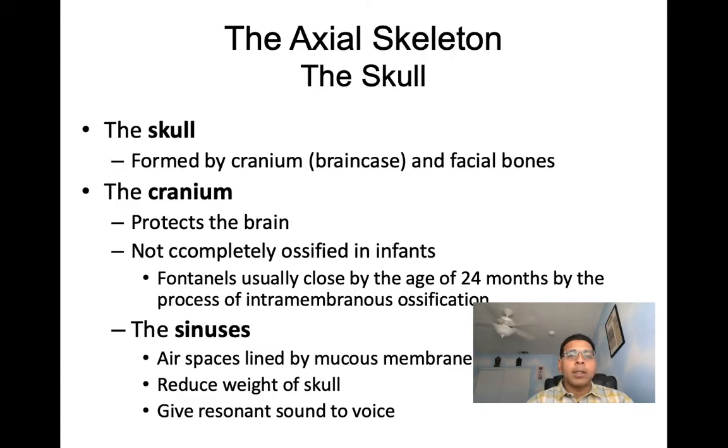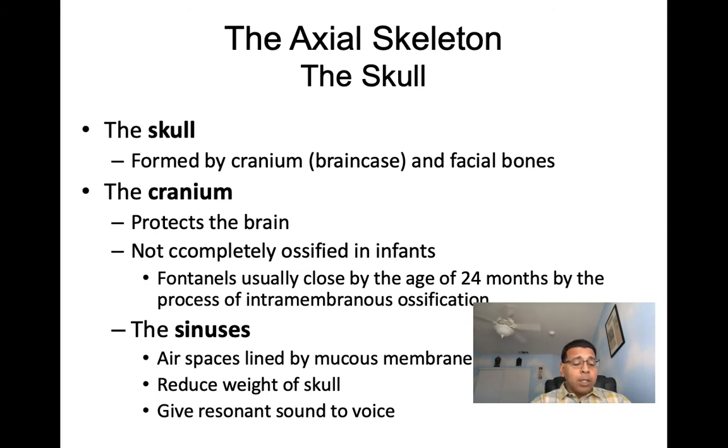All right, let's talk about the skull then in greater detail. The skull is going to be formed by the cranium and the facial bones. The cranium, we'll see, is going to protect the brain. In newborns, certain cranial bones are going to be joined by membranous regions called fontanelles.